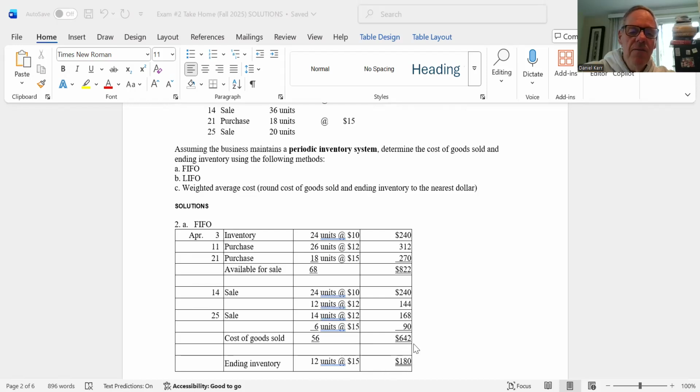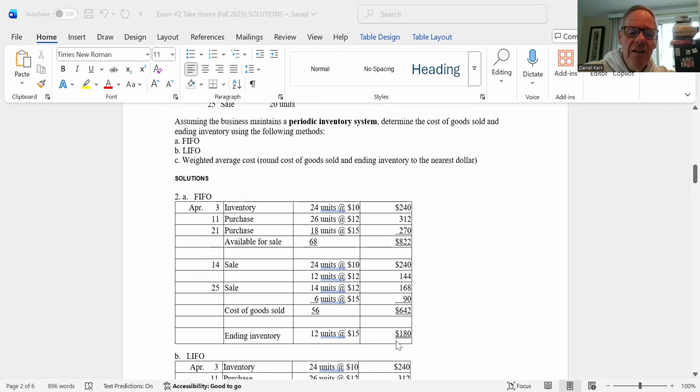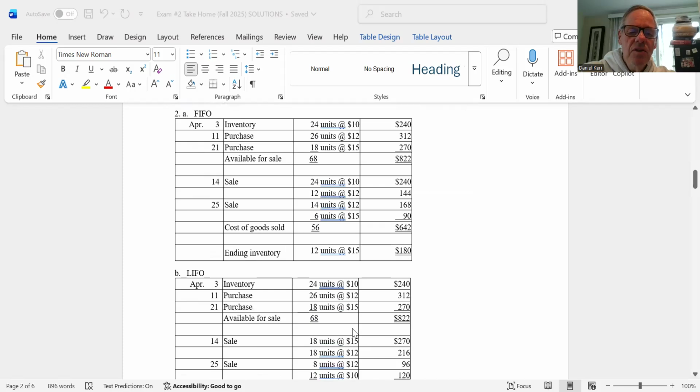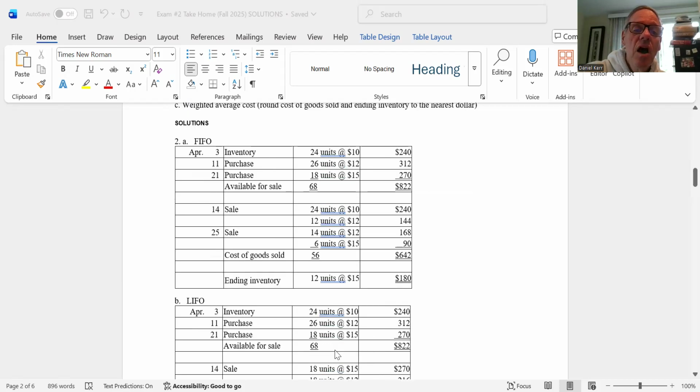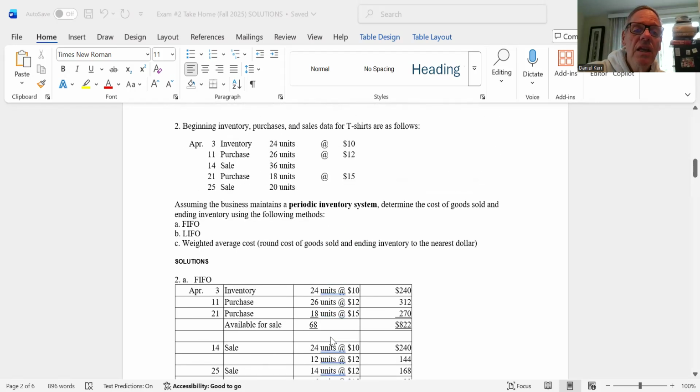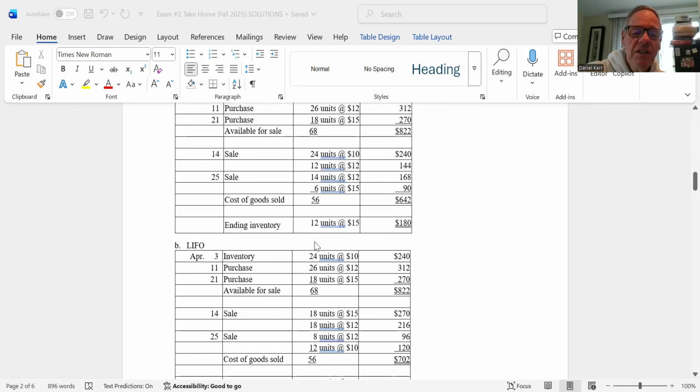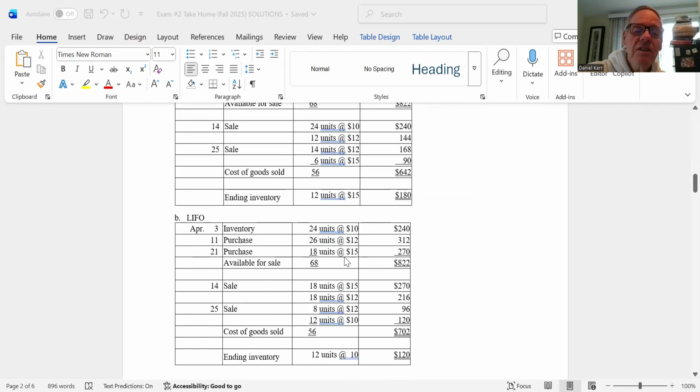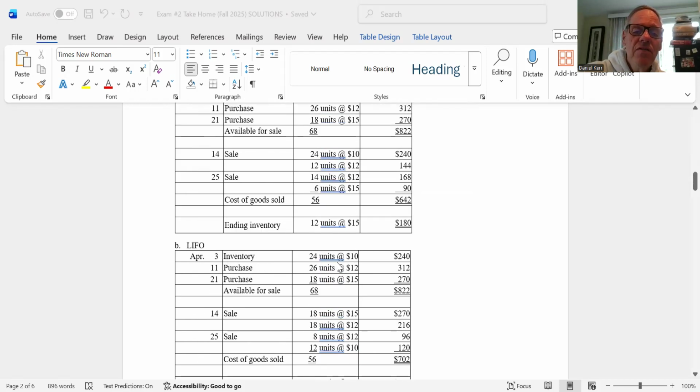So that's under FIFO. LIFO, you're going to do just the opposite. You're going to start at the end. So when you try to figure out your sales, you're going to go to your most recent purchases. So 18 units at 15. So on the 14th, you sold 36 units.